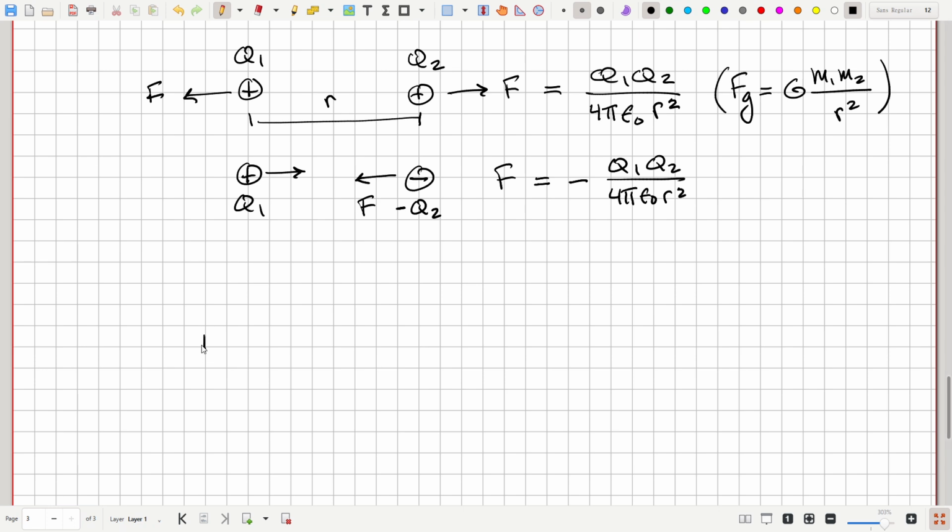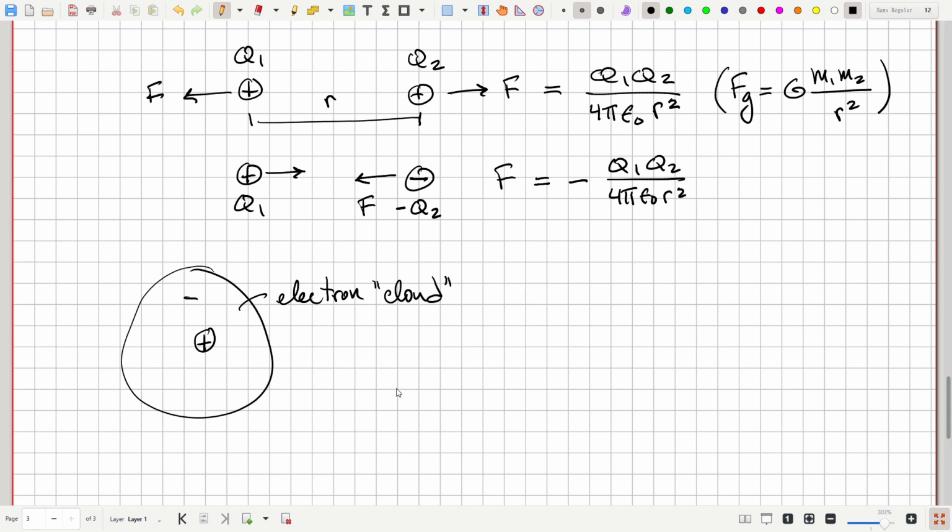So we now know most of the positive charge is contained within a very, very tiny nucleus, which also contains most of the mass of an atom. And then around that is a cloud of electric charge. And these cancel each other out.